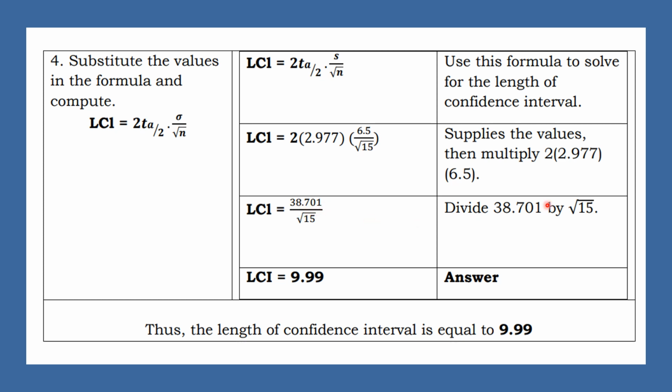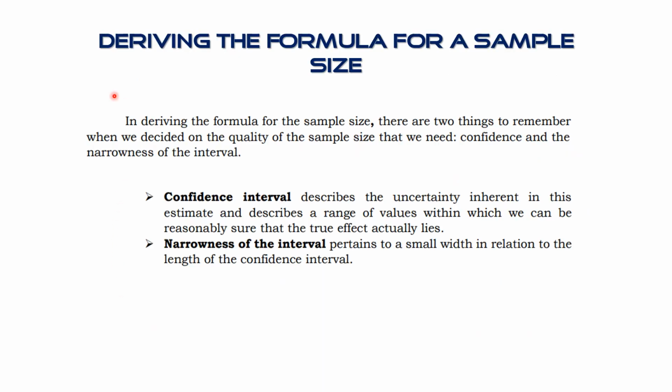And then divide 38.701 by square root of 15 using your scientific calculator or the calculator in your phones. So by division, we have the length of the confidence interval equal to 9.99.